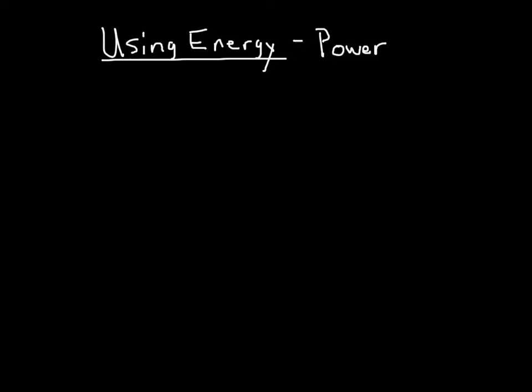The final point to make in this very short chapter is how we actually use energy, how we dissipate energy, how we do work, and that's in the form of power. Power is defined as the rate that we do work. So this is work expended divided by the time it takes to do it.